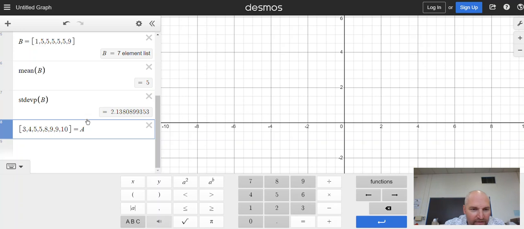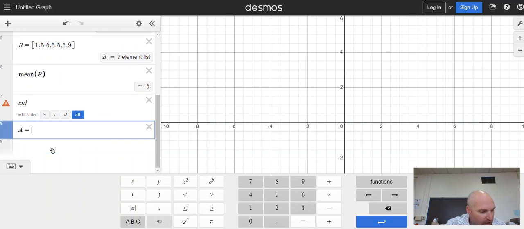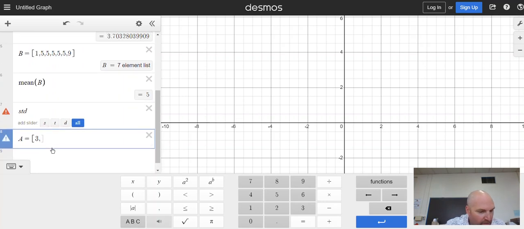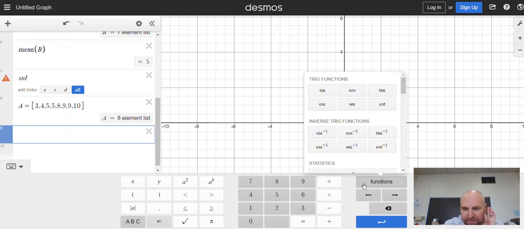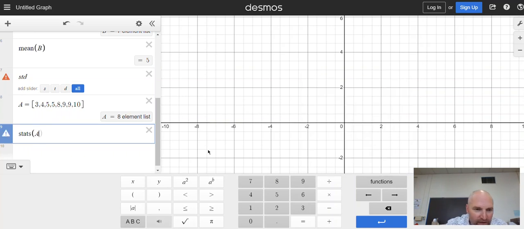That's the wrong A because it didn't do it. Let me do it this way. A equals 3, 4, 5, 5, 8, 9, 9, and 10. There we go. Now I'll go stats, functions, stat, and we'll go A.